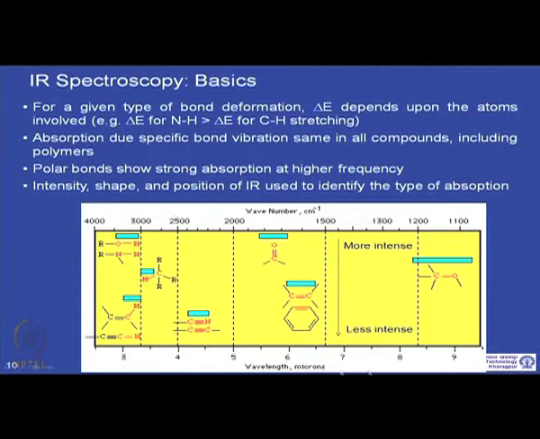So, this is basically a guideline for where the peaks come corresponding to each functional group. Polar bonds generally show strong absorption at higher frequency, and the intensity, shape and position of these IR bands are typically used to identify the type of absorption.